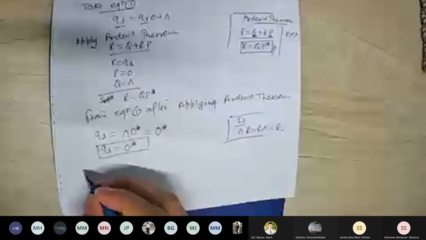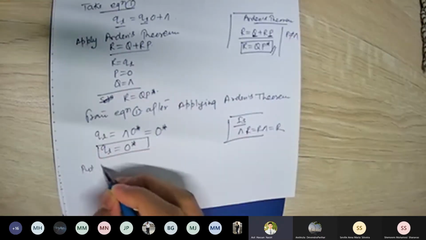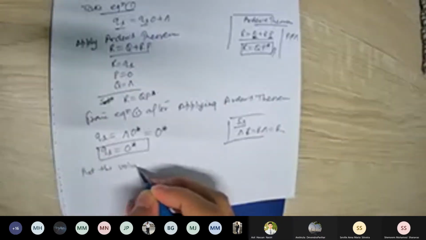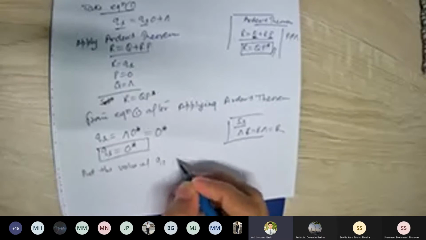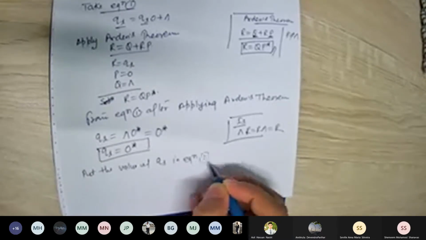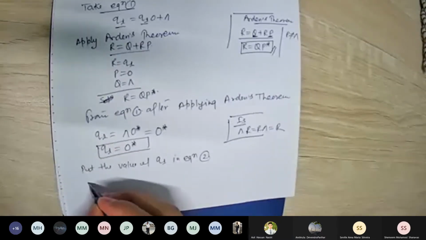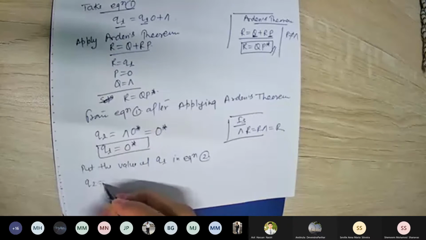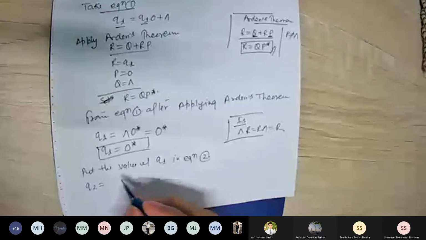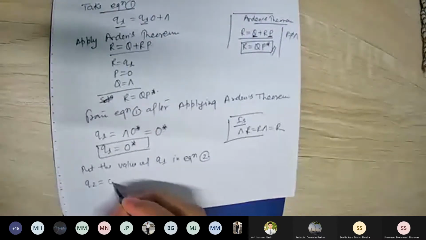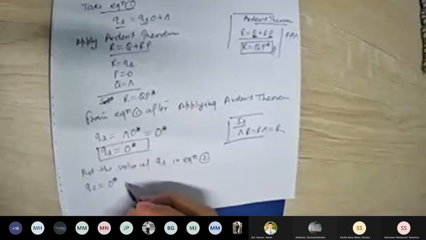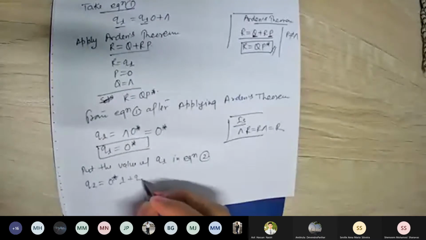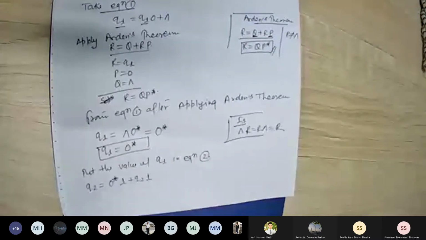So put the value of Q1 in equation 2. So what will you get? Q2 equal to, what is the value of Q1? 0 star 1 plus Q2 1. That's what you will get.